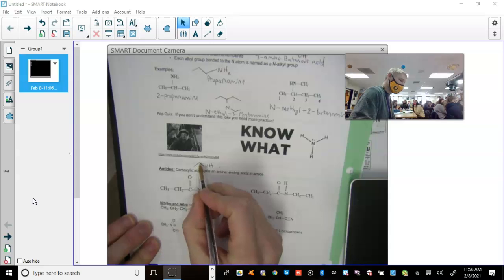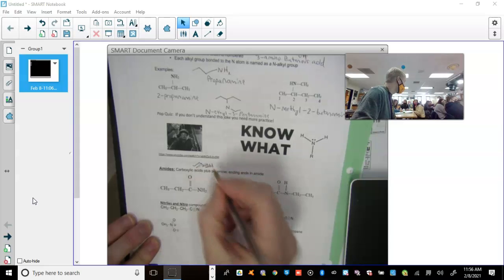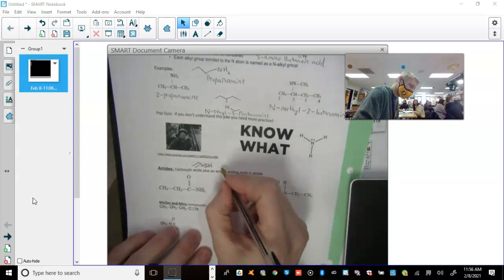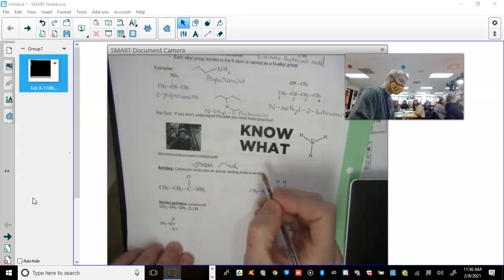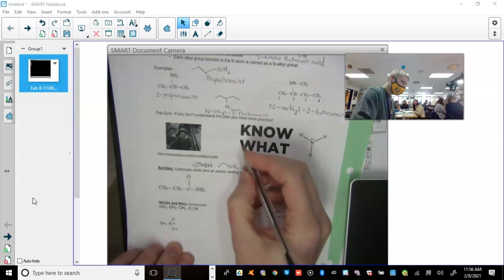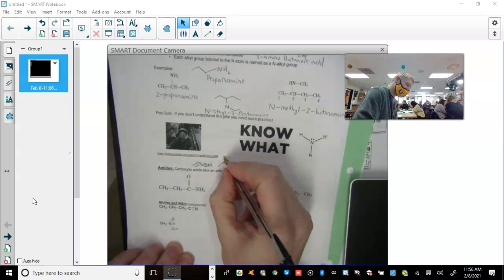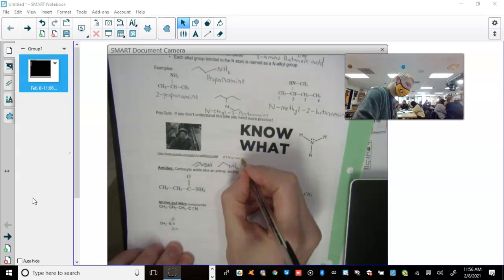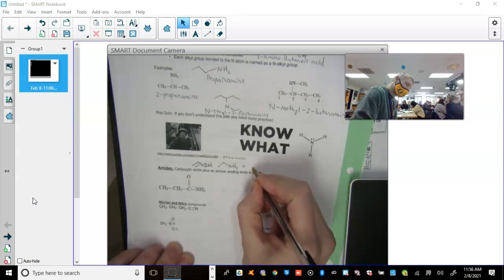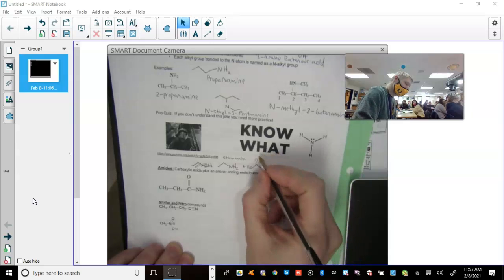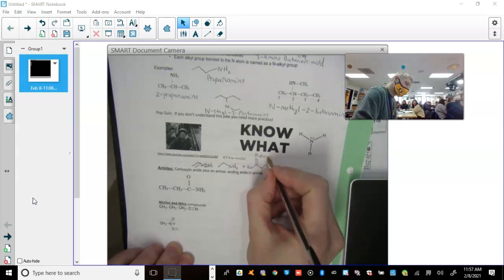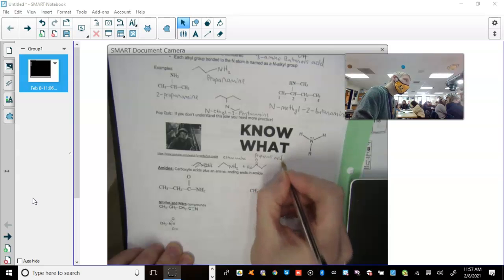We got, what's this? Why am I doing that? That's for esters. We're not doing that. All right, how about this one? Ethanamine plus, this one's 1, 2, 3, propanoic acid.